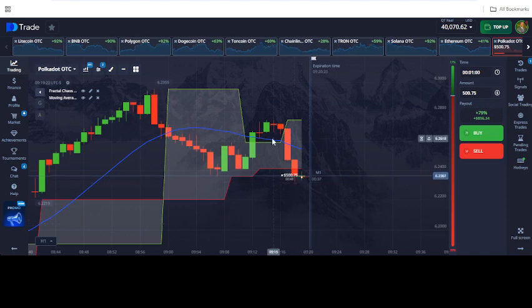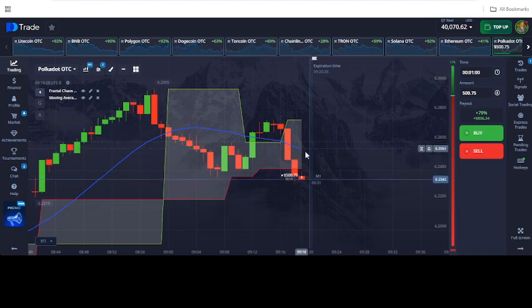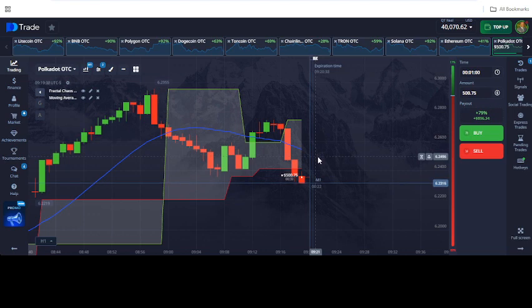And the reason why I took the sell trade, we're seeing the candles begin to print below the 20 SMA line here. The 20 SMA is showing a downward slope, suggesting the start of a bearish trend here, or the continuance of a bearish trend.